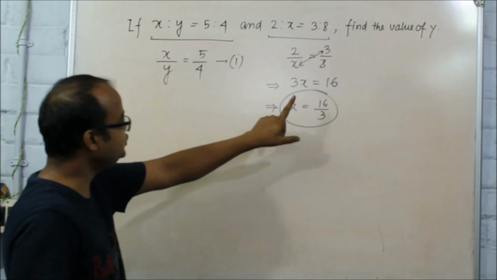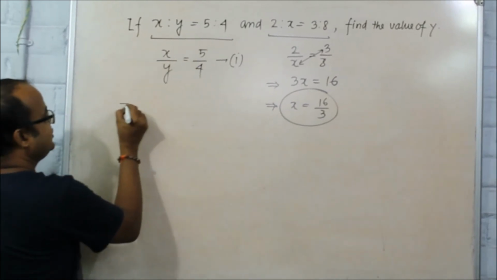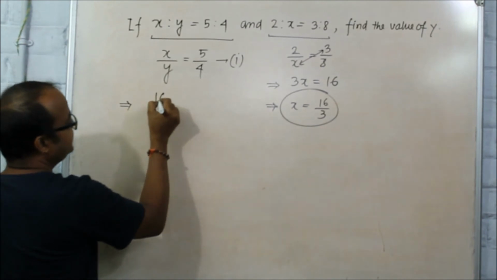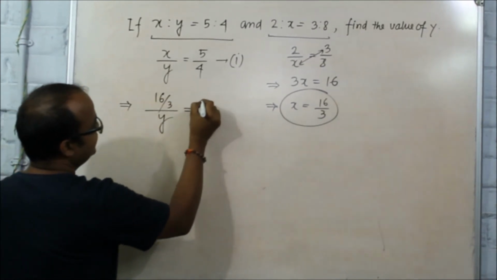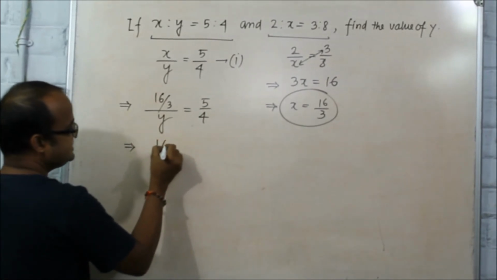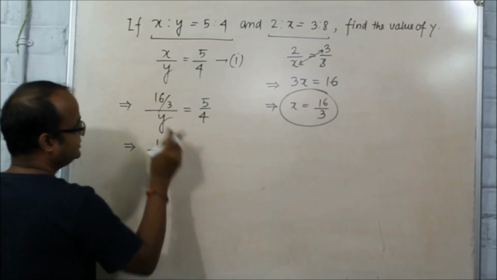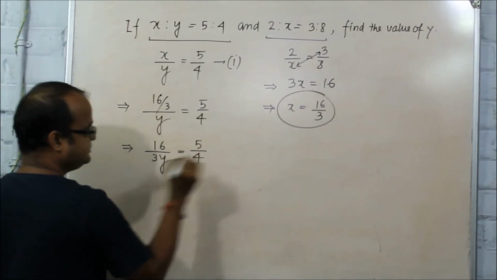Now substitute X is equal to 16 by 3 in this equation, that is equation 1. So in place of X, 16 by 3 by Y is equal to 5 by 4. So if you simplify, you will get 16 by 3y. This will come in the denominator. So it is equal to 5 by 4.